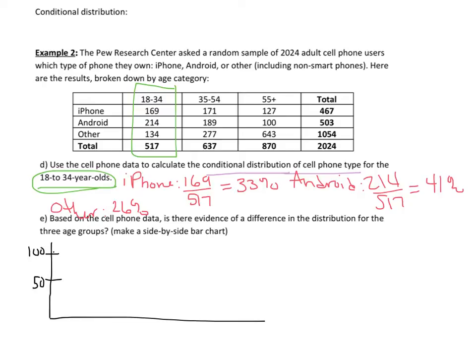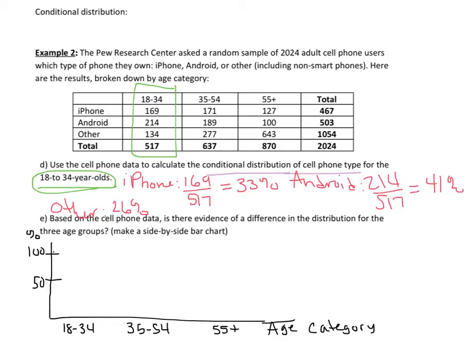On my vertical axis, I am going to have the percent in each category. And on my horizontal axis, I'm going to have age category. So my 3 age categories are going to be 18 to 34, 35 to 54, and 55 plus.